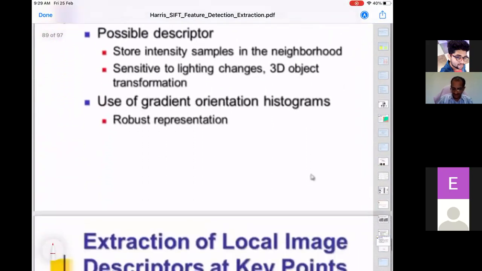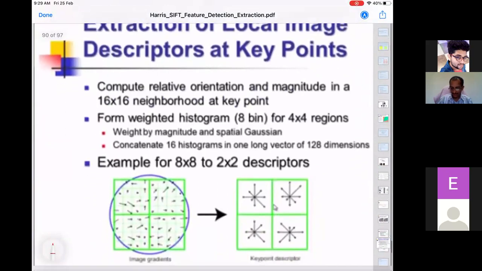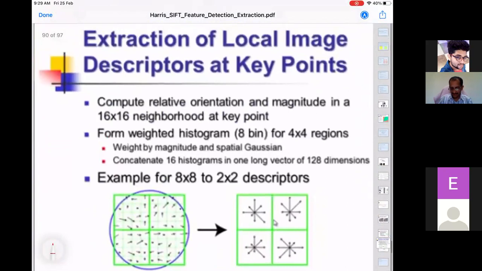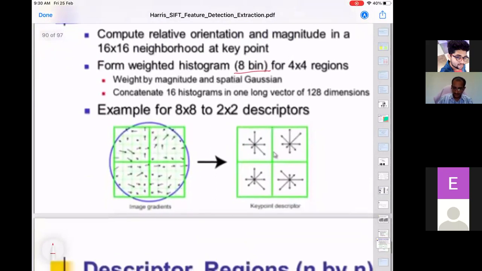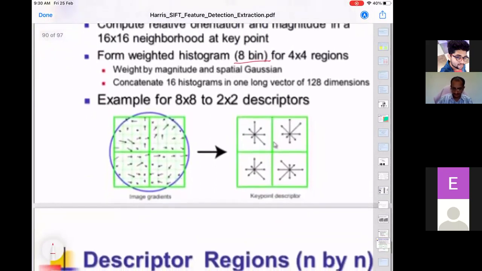So as we discussed, once they get the HOG vector, they have given some steps and details on exactly how they are constructing the HOG vector. That is 8 bins for each 4x4 region, and they concatenate. If we have different key points, they will concatenate and get the big vector describing the object.